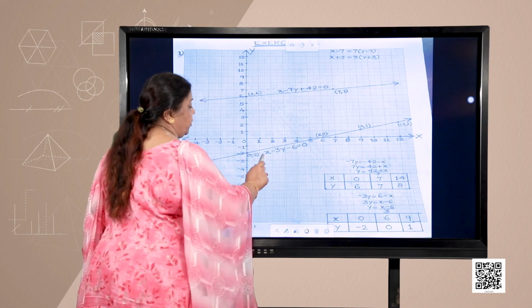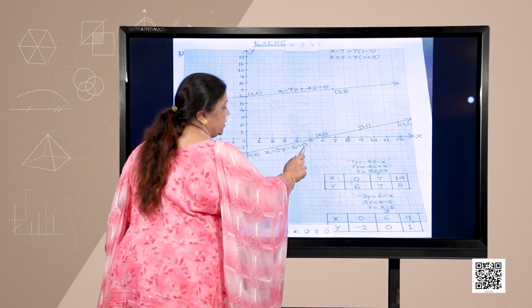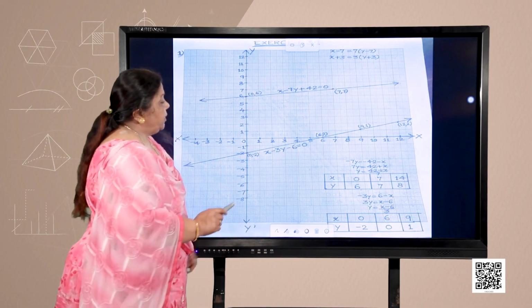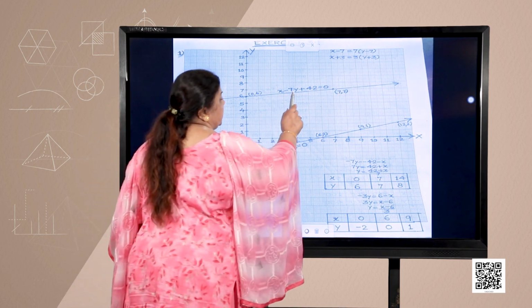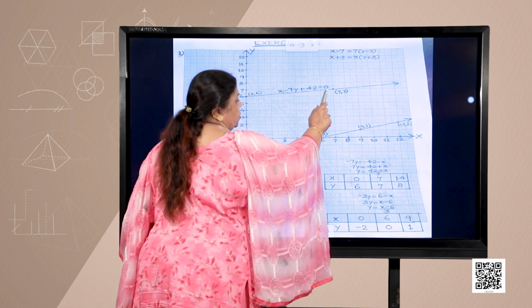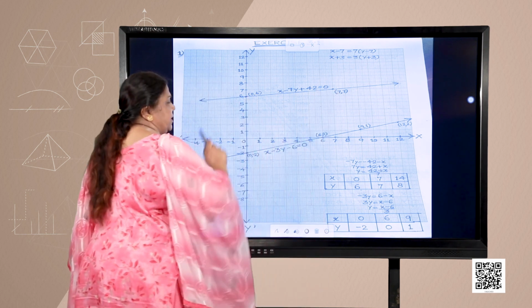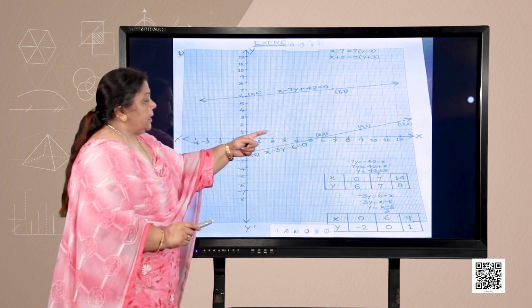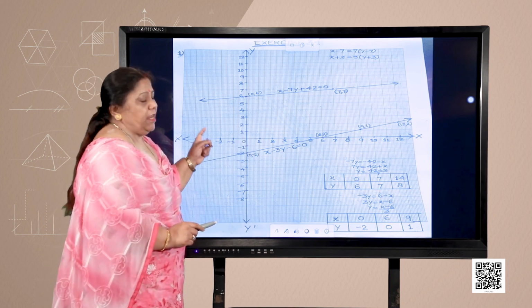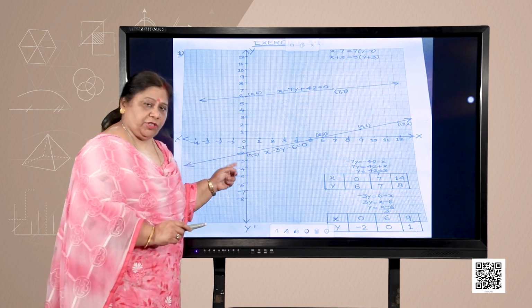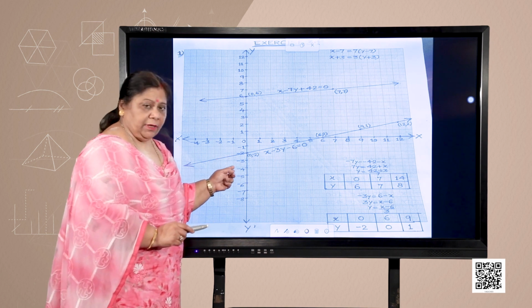This is the graph of equation x minus 3y minus 6 is equal to 0. Likewise, for the first equation, x minus 7y plus 42 is equal to 0, we have the points here 7, 7 and 0, 6. And this is the graph of the two linear equations given in the question. I hope you have understood.